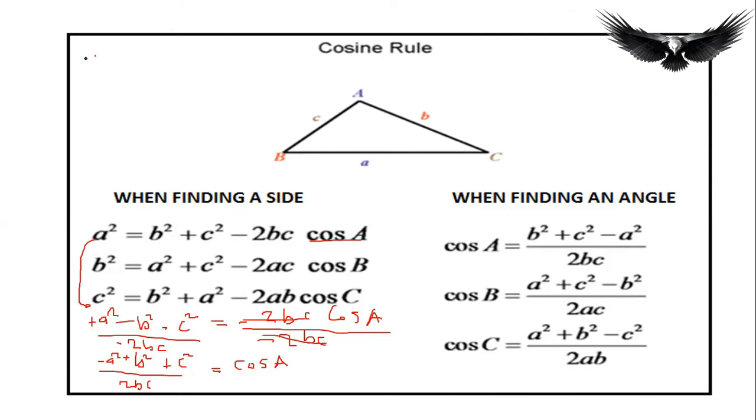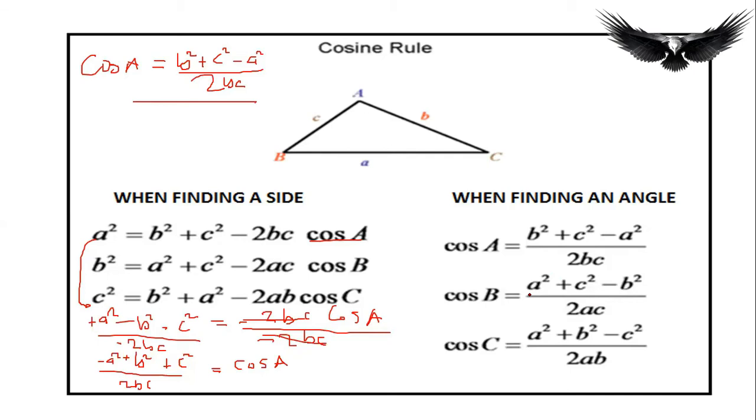So we write it as cos A is equal to b squared plus c squared minus a squared, over 2bc. So this is how they come up with these formulas. We use these ones when finding an angle.